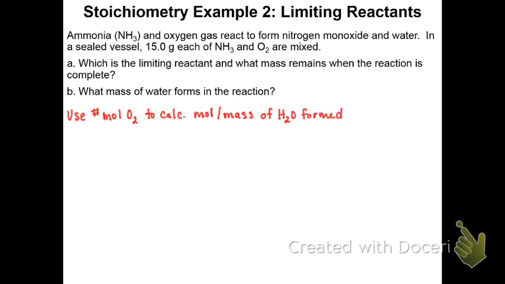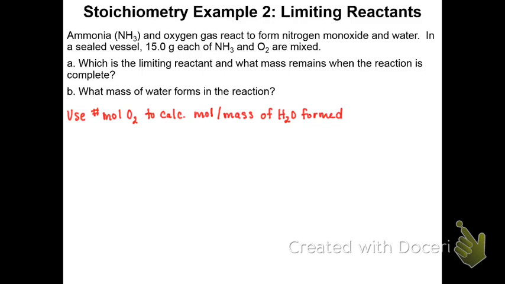The reason we have to use oxygen is that oxygen is the limiting reactant, so all of the oxygen will be consumed. If we use the number of moles of ammonia, we would get a mass of water that can't actually be formed because we don't have enough oxygen.